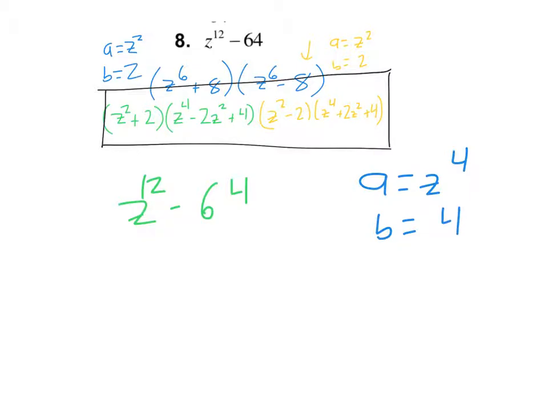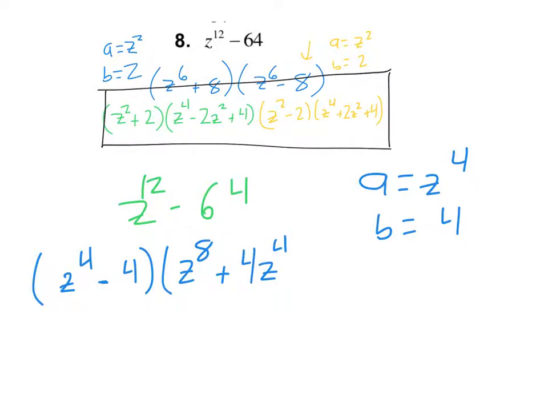And then using the difference of cubes formula, that gives us a, so it's z to the 4th, minus b times a squared plus ab plus b squared.